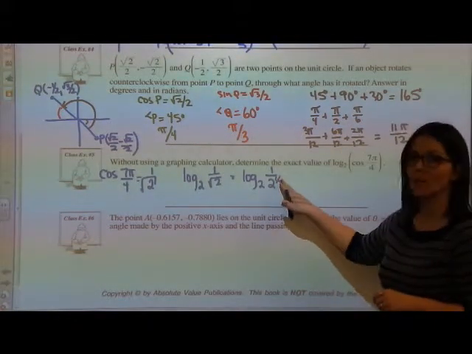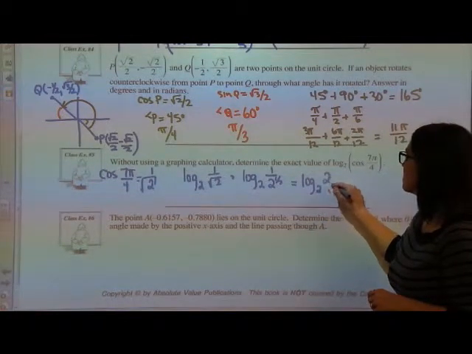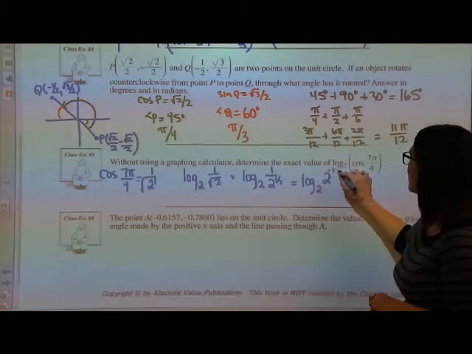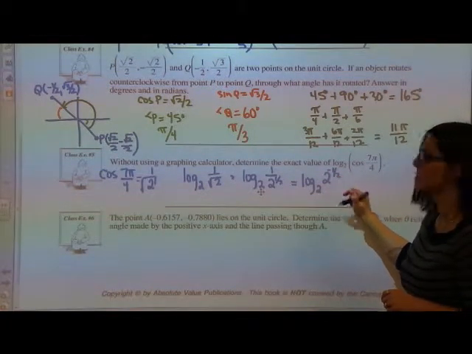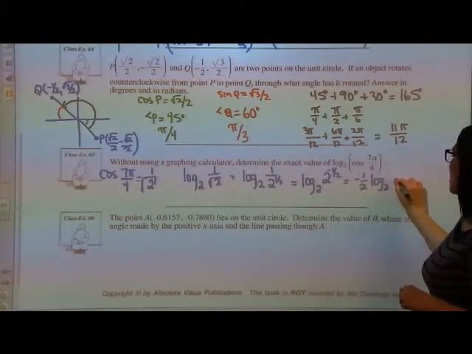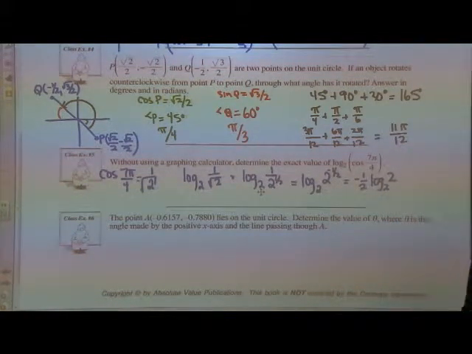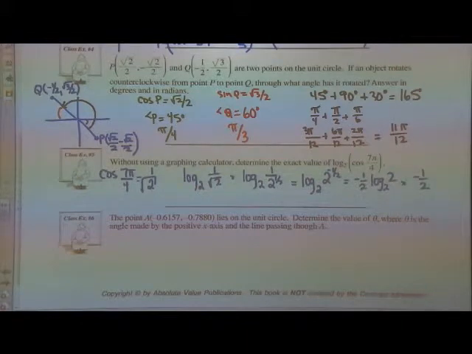If it's on the bottom, how do I bring it to the top? Negative 1/2. What can I do with the negative 1/2? Bring it to the front. And what's log base 2 of 2? 1. So this would equal negative 1/2. So we used the calculator just to help us get the cos 7 pi over 4, but we did everything else using the log rules.